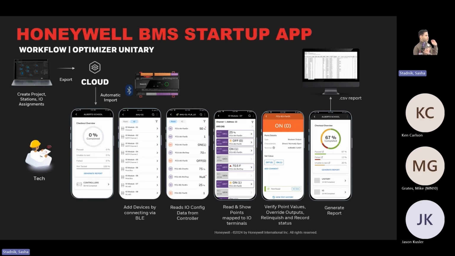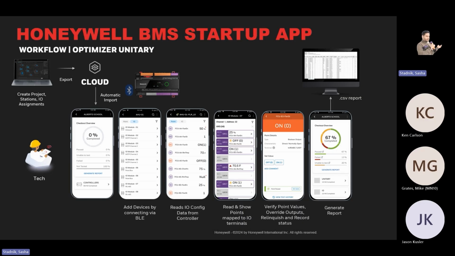Not only that, you can push the configuration. If we send these controllers blank to the field, you can push the configuration from your mobile phone to the controller if the inputs and outputs were not configured. And you can do the configuration using a mobile phone without even having a license or a laptop on the side. So this comes in really handy.